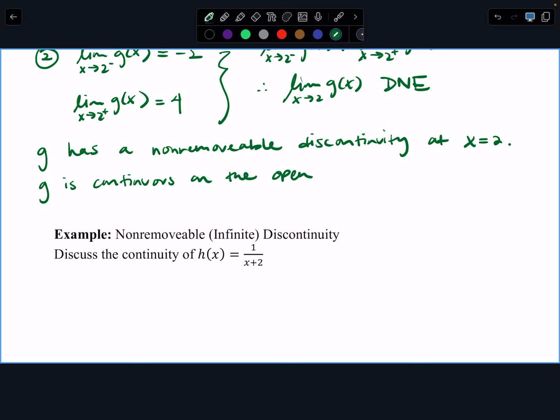We will eventually be able to use a half open interval for one of them. But g is continuous on the open intervals negative infinity to 2 and 2 to infinity.